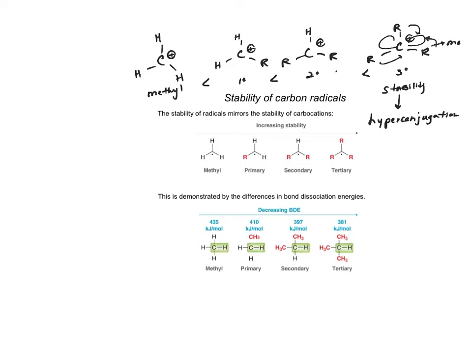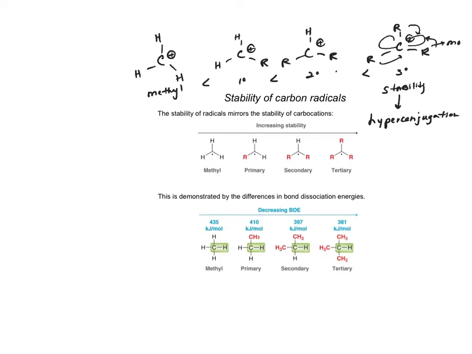Now we can take that and apply it, instead of to carbocations, to carbon radicals. And we find the exact same thing for the exact same reason. These carbon radicals, we imagine being sp2 hybridized with this empty p orbital hanging out, ready to make bonds or do whatever we're going to do with it.